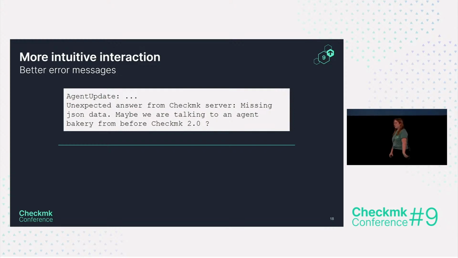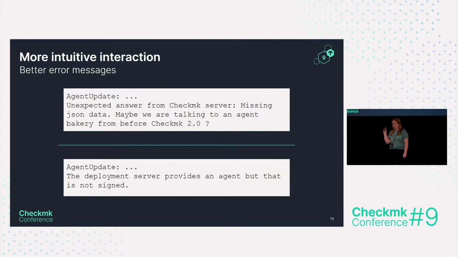We have tweaked it so that you now get a helpful error message instead related to the cause, allowing you to easily fix the problem. For example, in this one, the solution would now be to go to the agent bakery and bake and sign your agent. And we all know this is now way easier because the button is actually green and visible.